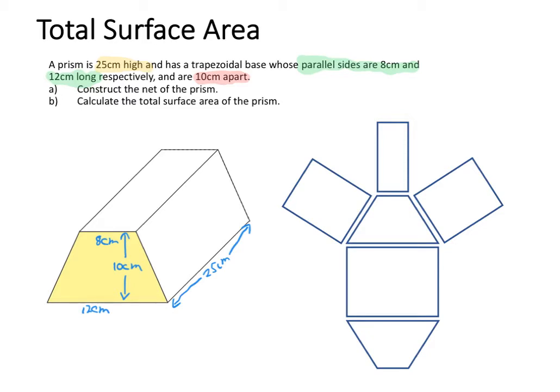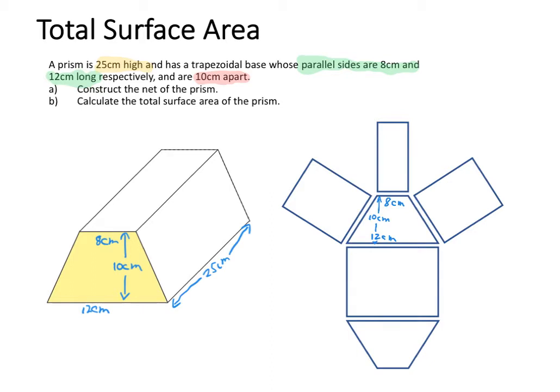The next step is going to be to go and put those measurements onto the net. So starting with my trapezium base, the 2 parallel sides are going to be 8 centimeters and 12 centimeters. And the height in between those 2 lines is going to be 10 centimeters.